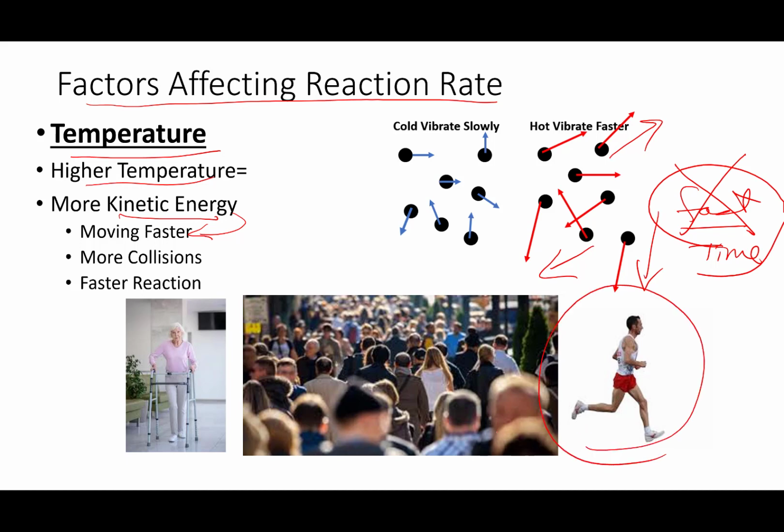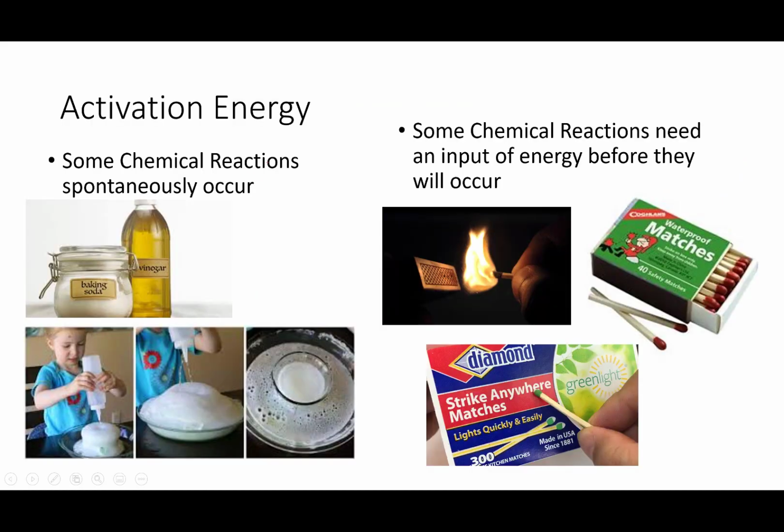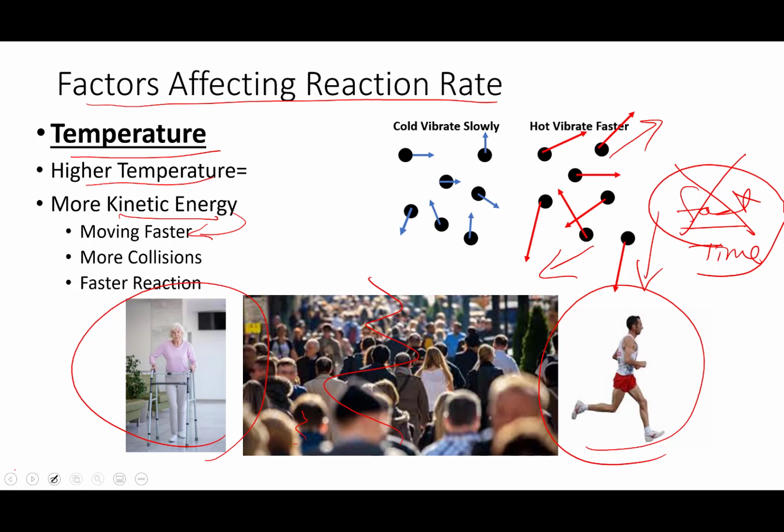So this fellow running through the crowd is going to have a bigger chance of running into more people than this sweet lady. She's probably going to be moving a tad slower and in the same amount of time not going to be bumping into as many people. So higher temperature means speed, and speed means faster, and faster means a higher rate at which the chemical reaction is going to occur.